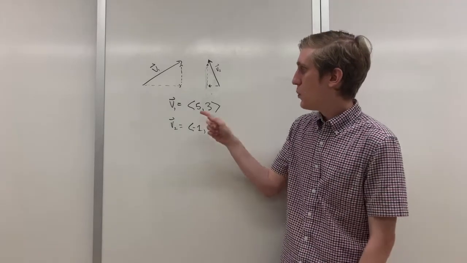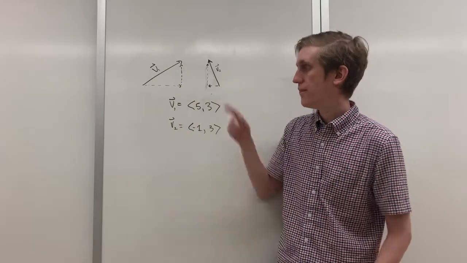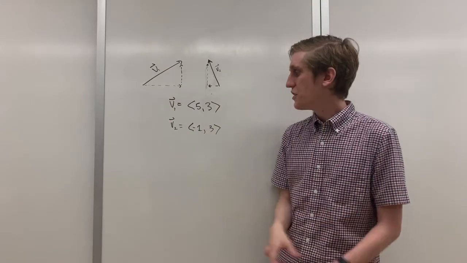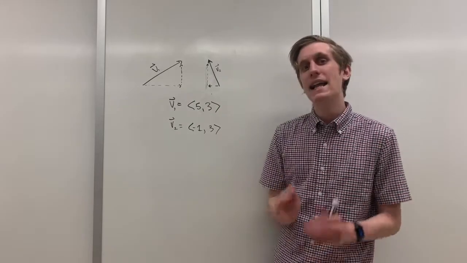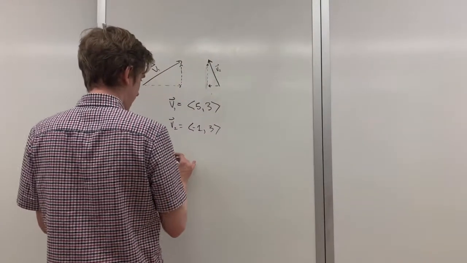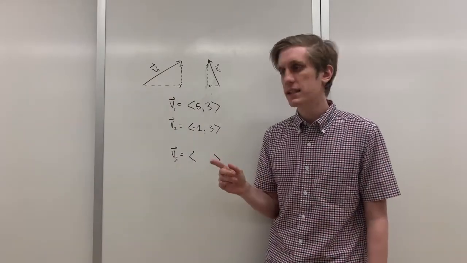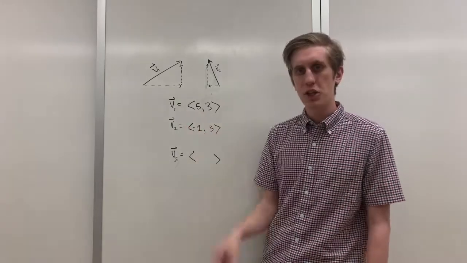So let's say we wanted to add vector 1 and vector 2. To do this, all we have to do is add the individual components of the vector. So to find the x component of this vector, we just add up the x components of v1 and v2.